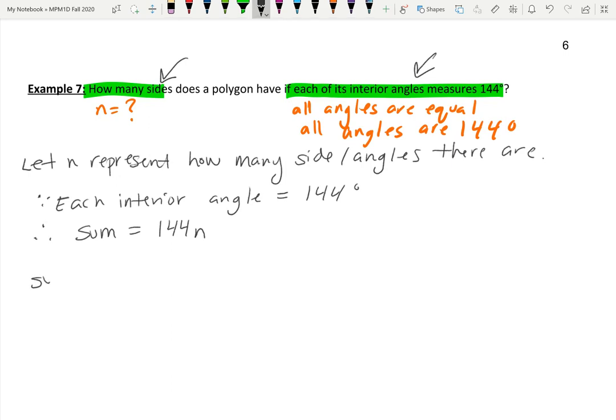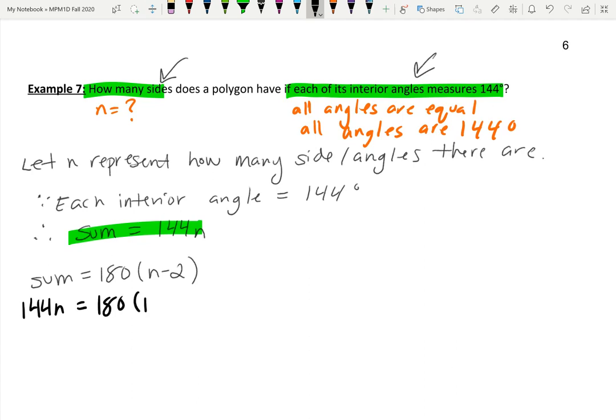Okay, I'm going to start off with my formula. And now for sum, I'm going to plug in my variable. Okay, and I'm trying to find n.